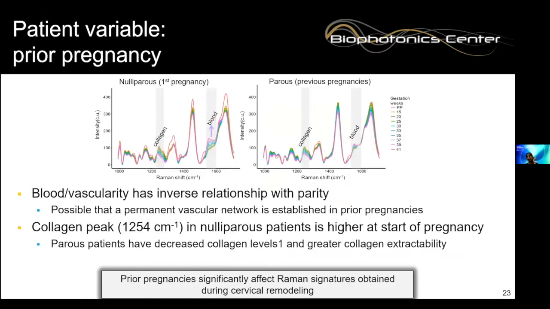And what we found is when patients have had prior pregnancy, the spectra shows that change. Patients second time and multiple parturition moms, their cervix is sort of primed. The instant they're pregnant, the changes that they go through over the course of pregnancy are relatively small compared to someone who's going through the first pregnancy. Makes logical sense.